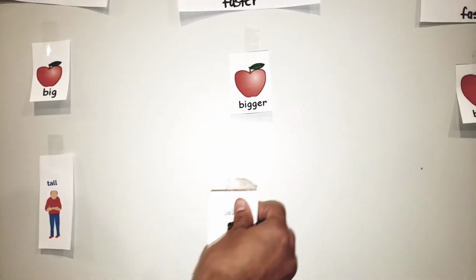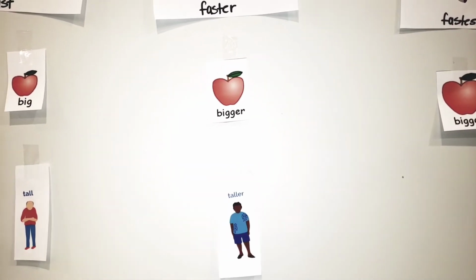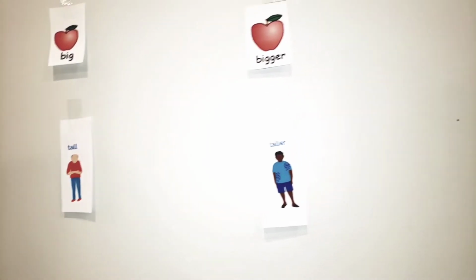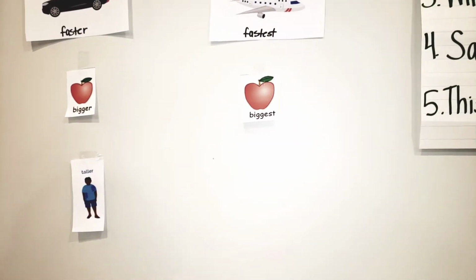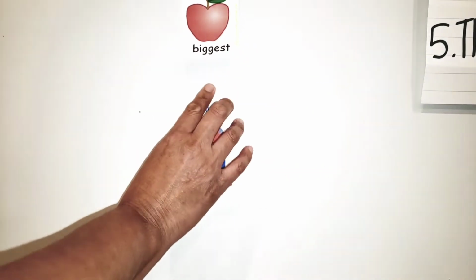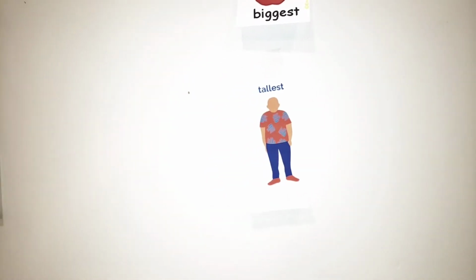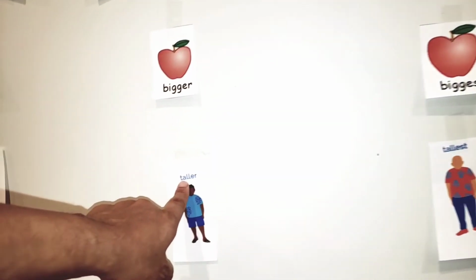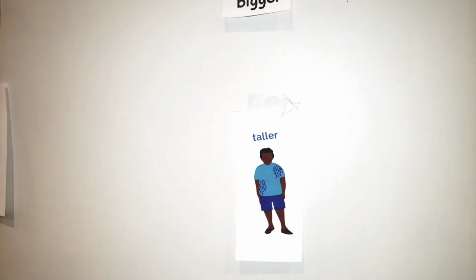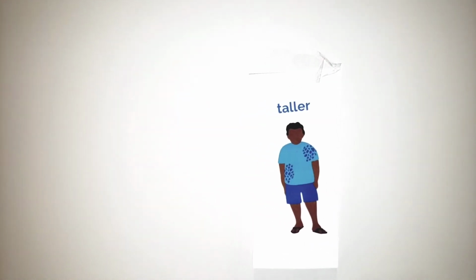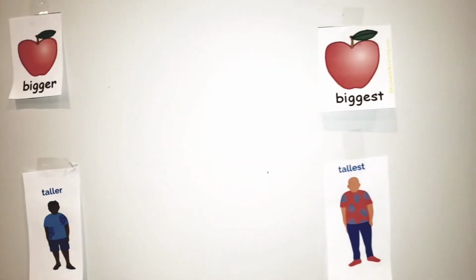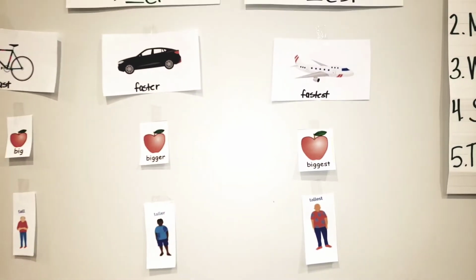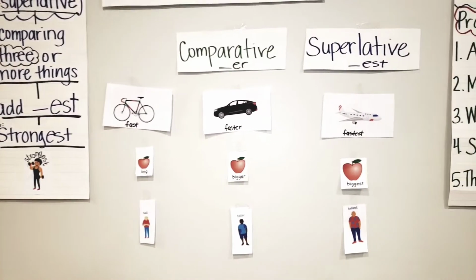The man is taller than that man, but this other man is the, what is it? Tallest. Good job. Do you see that, boys and girls? This is a superlative. It ends in EST. Comparative ends in ER, and I'm comparing two things. Show me with your hands. I understand. I know what I'm doing. Beautiful, boys and girls. Beautiful.